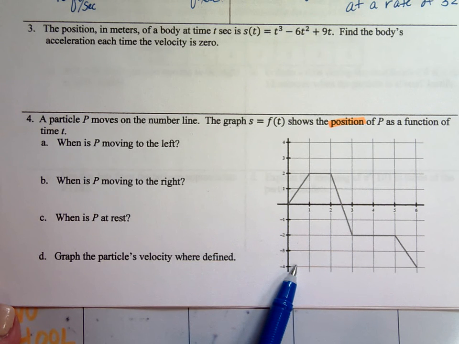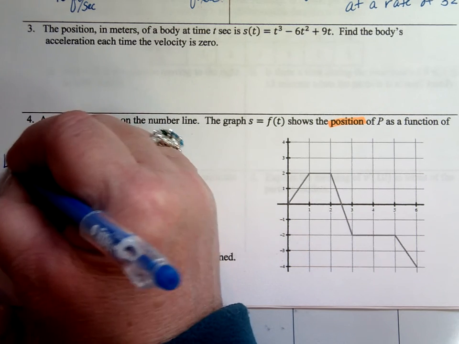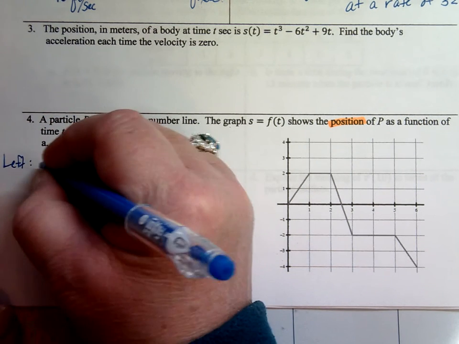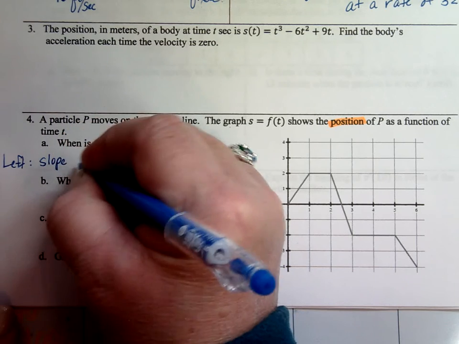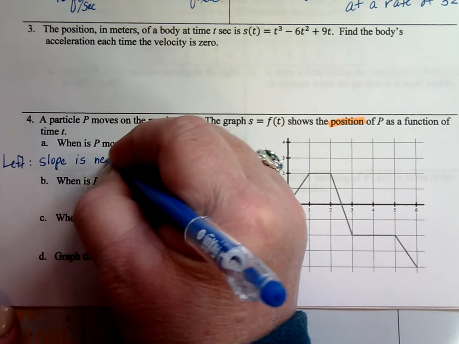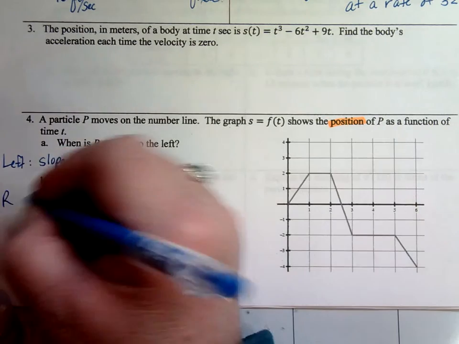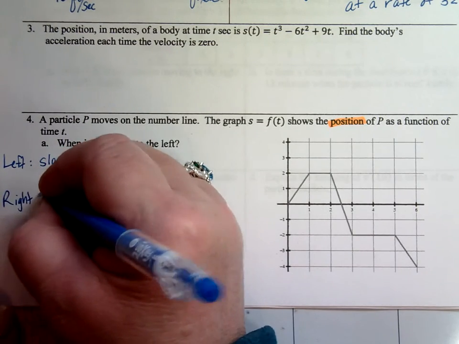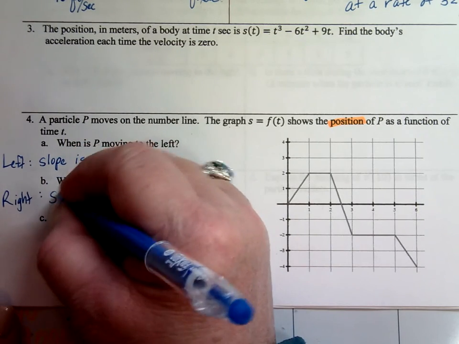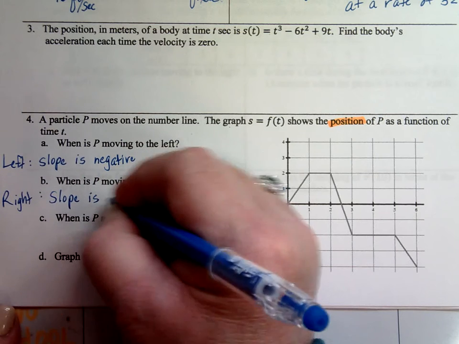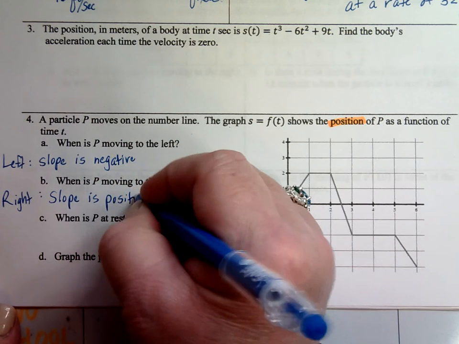What's the slope doing? It's going to be moving left when the slope is negative, and it's going to be moving right when the slope is positive. Because that's what's going to equate to my velocity.